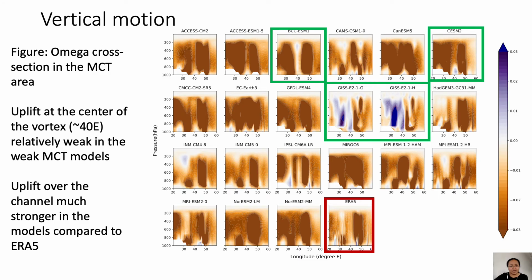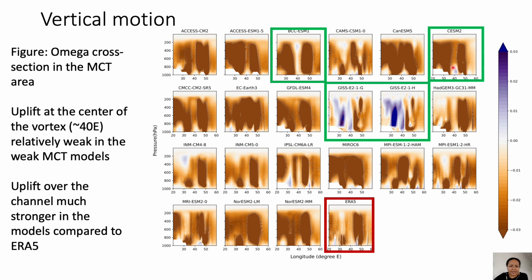So I looked at the vertical motion over the Mozambique channel. This figure shows the omega cross-section in the MCT, and we see that there is an uplift at the center of the vortex, which is relatively weak in some of the models, and also negative.